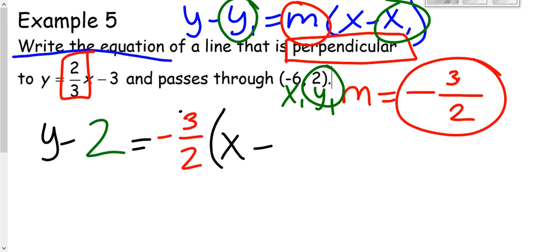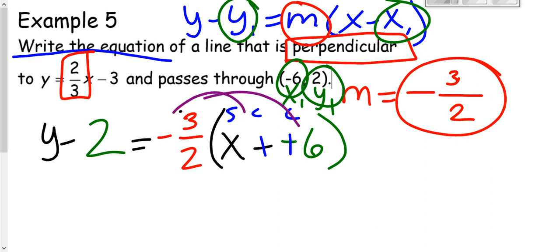Then I have x minus, and I have a negative 6. So same point as last time, but this time we're finding the perpendicular line, right? So again, we've got that housekeeping. We do the little stay, change, change, so these become a positive.